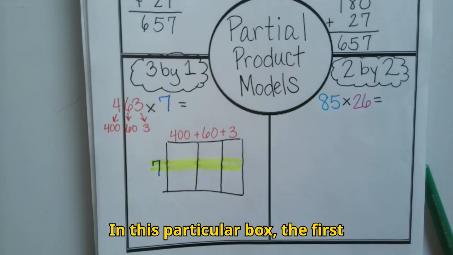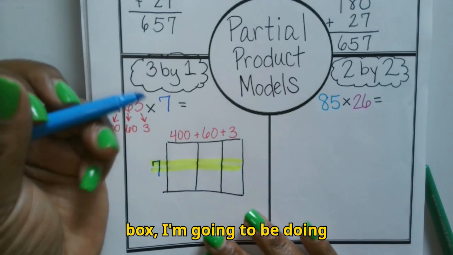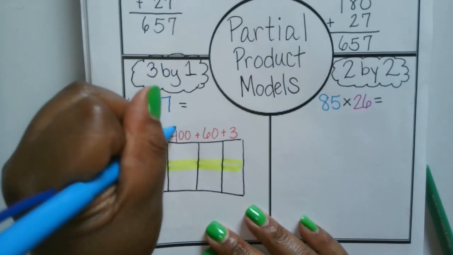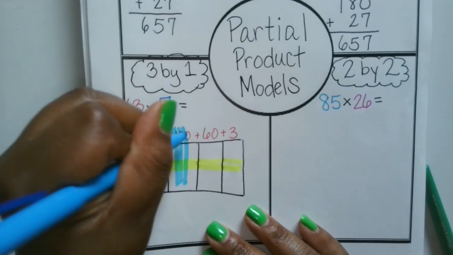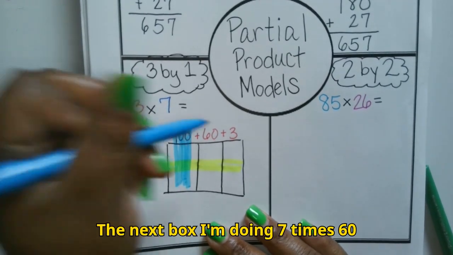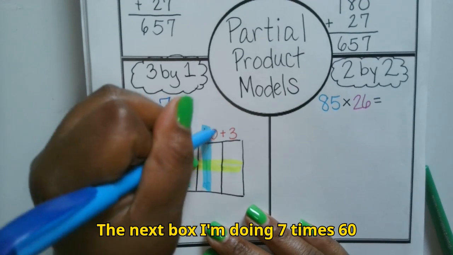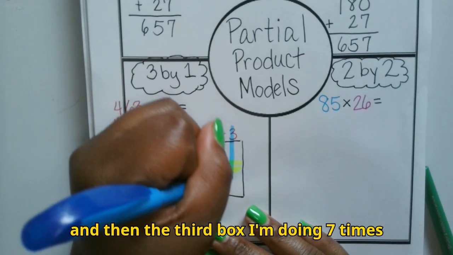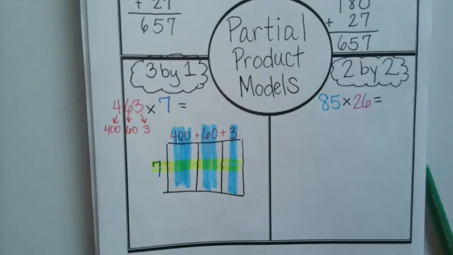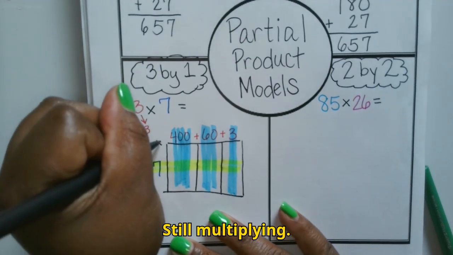In the first box, I'm going to be doing 7 times 400. The next box I'm doing 7 times 60. And then the third box I'm doing 7 times 3. Still multiplying.